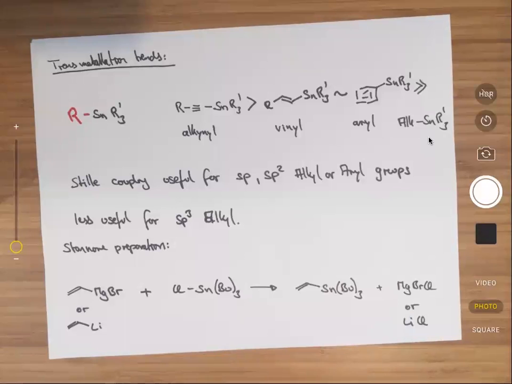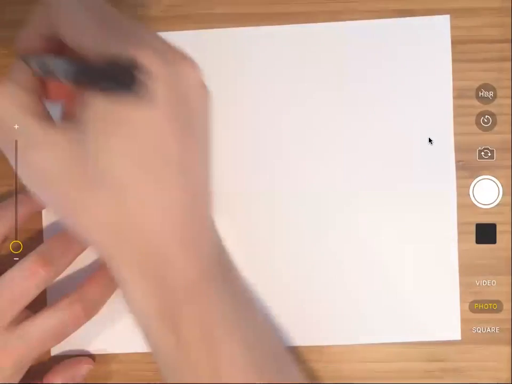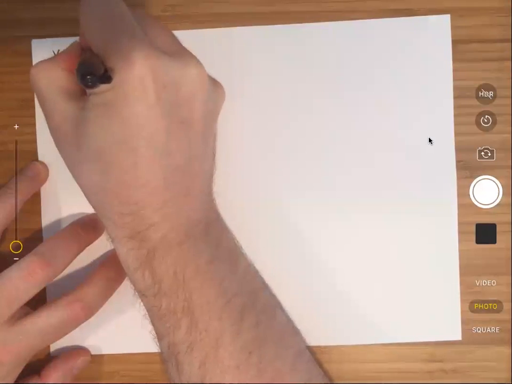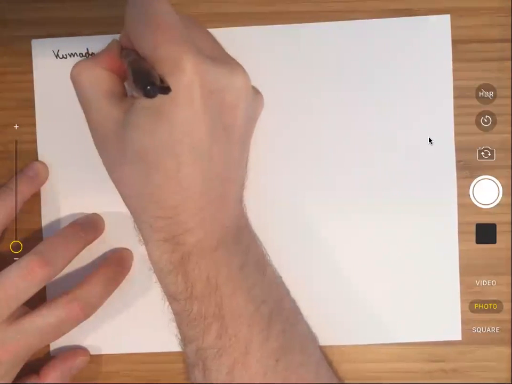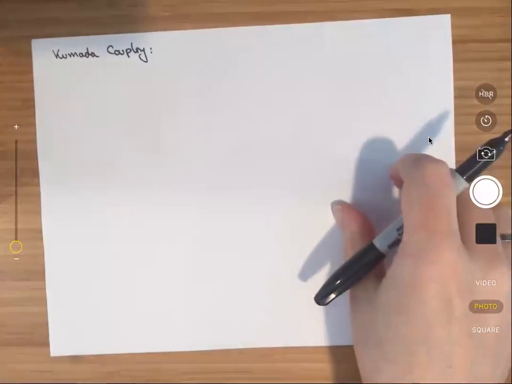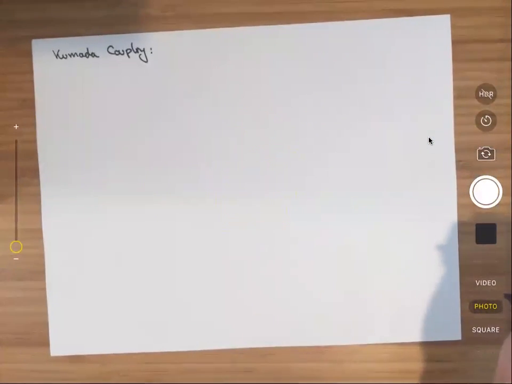Now, from the Stille coupling, we want to move on to another class of cross-coupling reactions. And again, they are characterized by a different transmetallating agent, and these are called the Kumada coupling. So Suzuki coupling was with boronic acids.